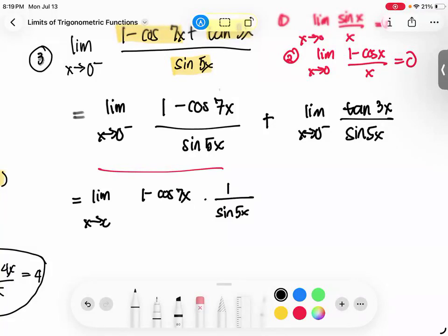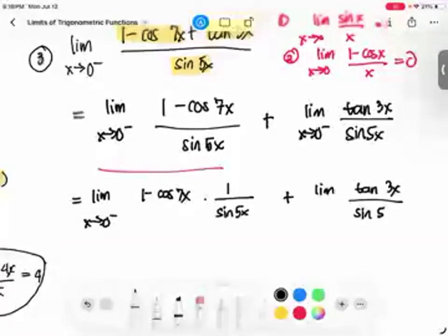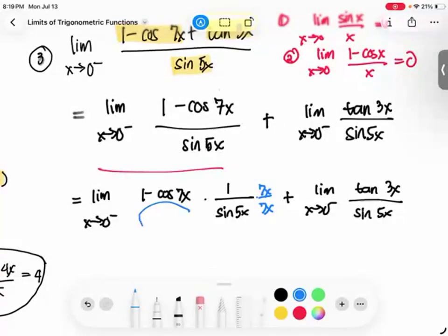And then let's just copy the right side. So we can actually multiply 7x over 7x to fill in 7x here, and 5x over 5x to fill in that 5x on top of sine of 5x.